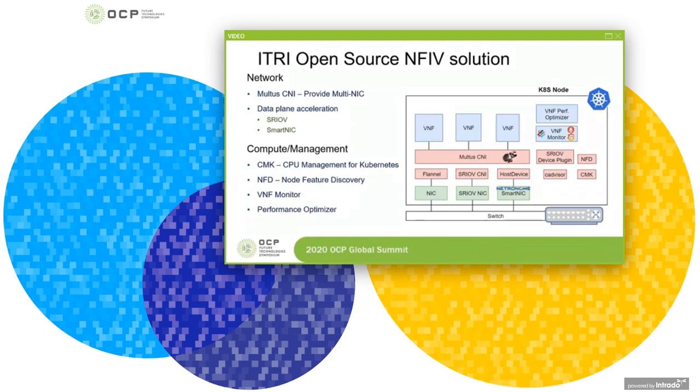Moreover, if your SR-IOV or DPDK solution is not fast enough for your VNF, our NFVI can also attach a SmartNIC to your VNF. And we also employ some plugins like CMK for CPU pinning and NUMA awareness in Kubernetes.